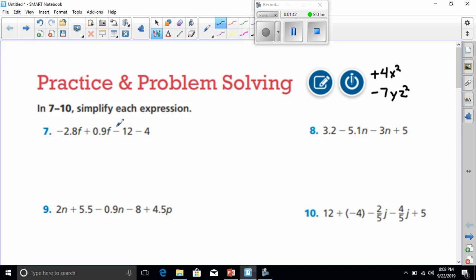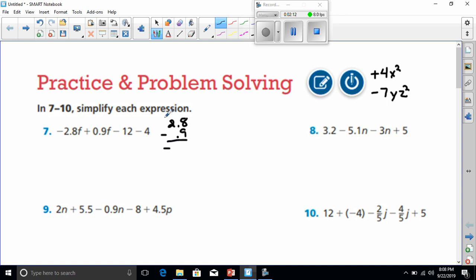And remember, whenever we have numbers with two different signs, we take the big number, which is going to be 2.8, we subtract the small number, which is 0.9, and we keep the sign of the bigger number. So since the bigger number is 2.8, we're going to keep that negative. And now we subtract. Since they're different, we're going to find the difference. The sign will be negative at the end because the bigger number was negative.